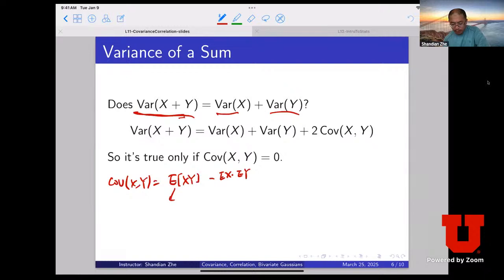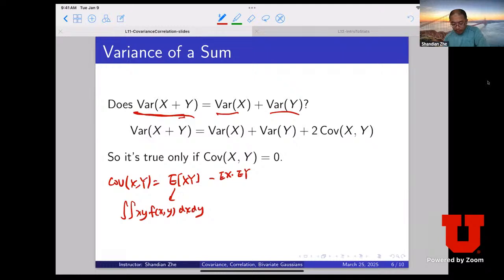For this first term, we know it is just xy times f of xy. Sorry, let me write it in a more beautiful way. You multiply xy with the joint density function of x and y, dx dy. This is the definition. xy is a function of x and y. If you want to calculate its expectation, you multiply it with the joint density function, then do the double integration.